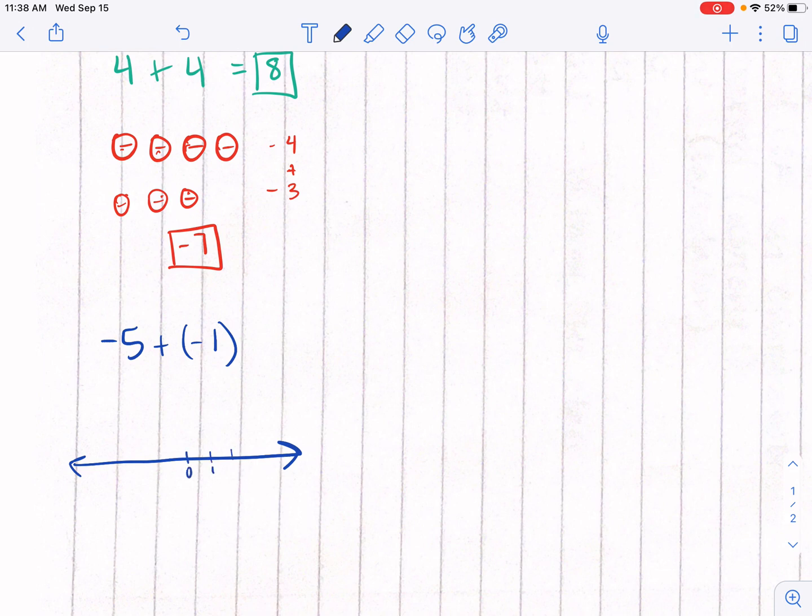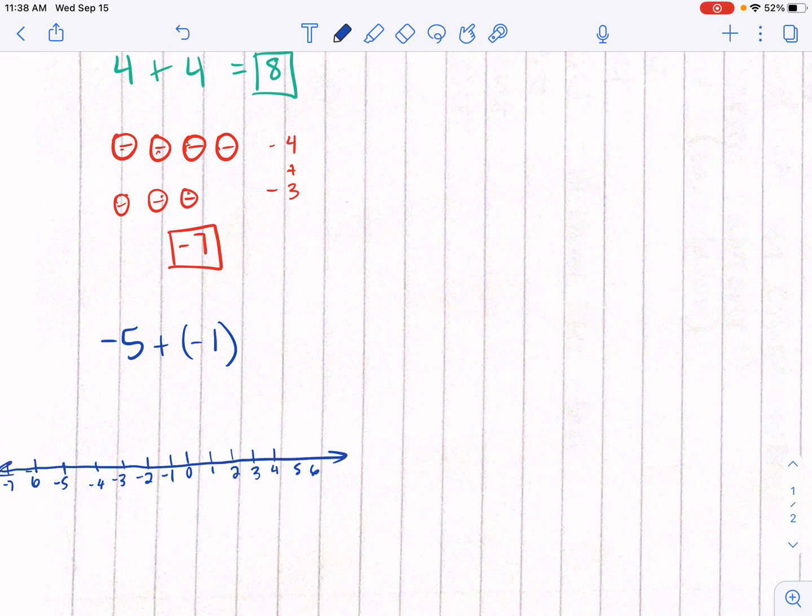Over here I'd have 1, 2, 3, 4, whatever. Over here I have -1, -2, -3, -4. And I'm going to make mine go a little bit further. I have -5, -6, -7.